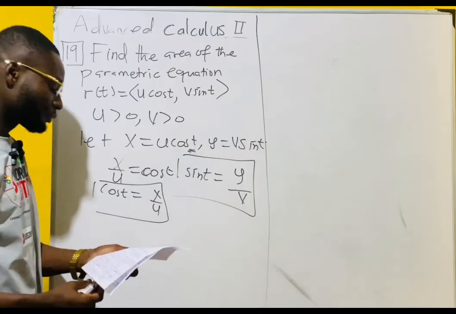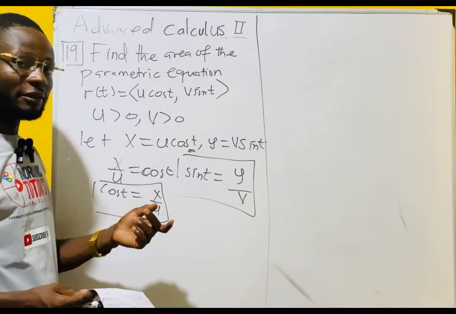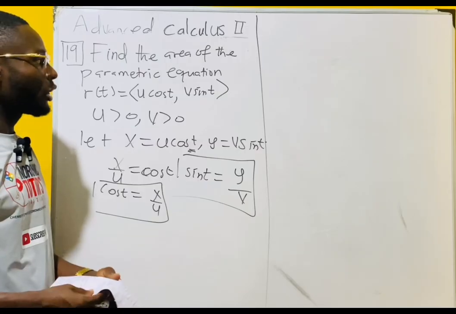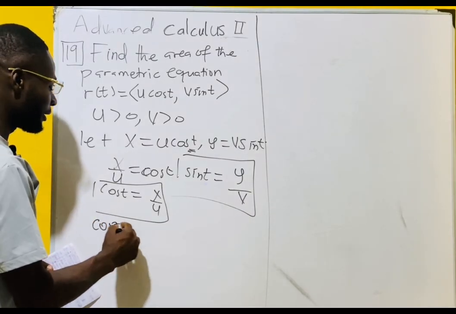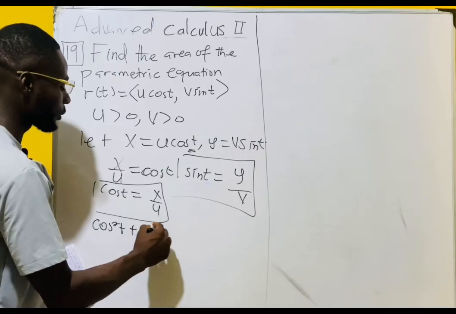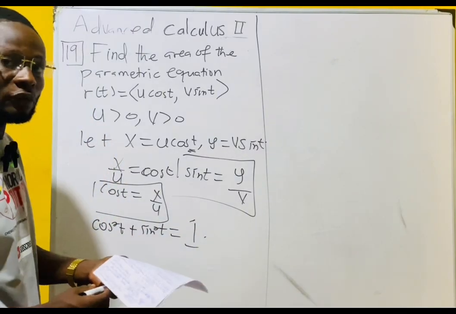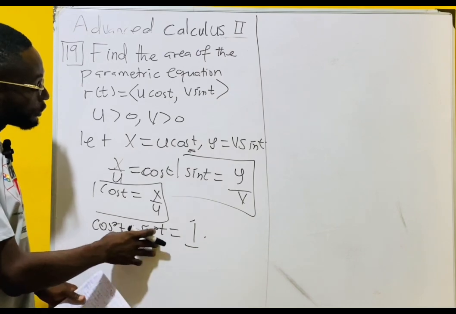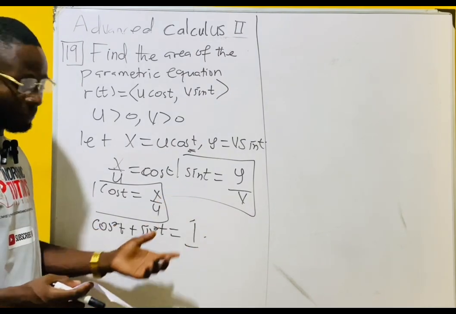Okay, so recall that from trigonometric functions, we know that cos squared t plus sin squared t is equal to what? Positive 1, right? So we have to use that identity to evaluate this problem.